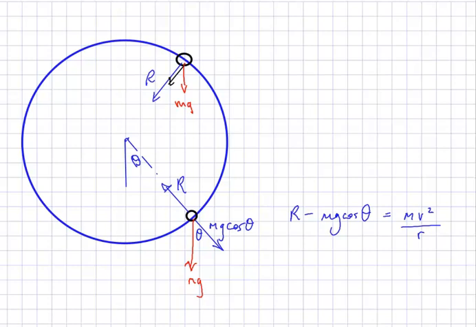And realize when you have the bead or ring further up the wire, you've got the reaction towards the center, you've got the weight hanging down, mg, and so the component of the mg that is in the direction to or from the center of the circle is going to be acting in the other direction to what we thought about beforehand. The two are in opposite directions, R and mg cos theta. Here they're effectively going in the same direction.